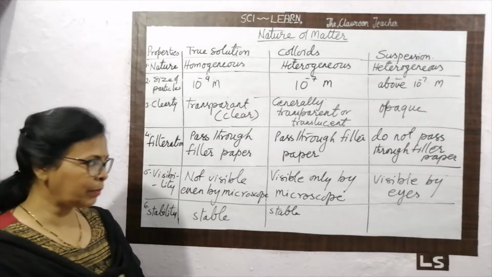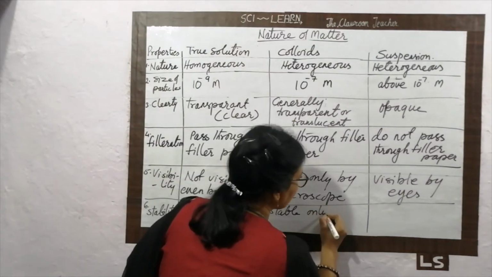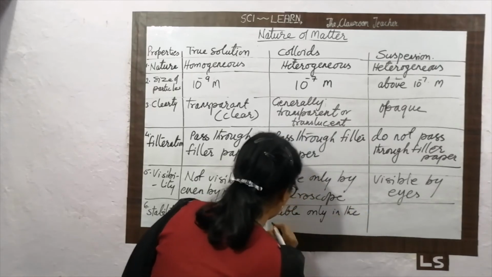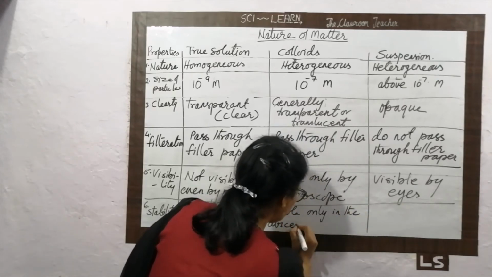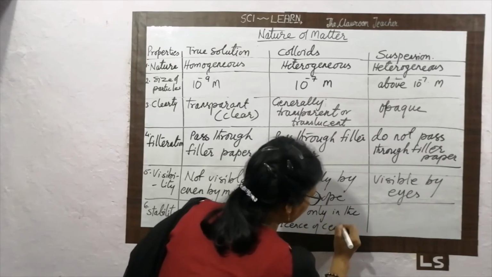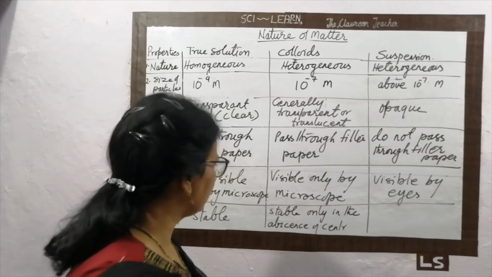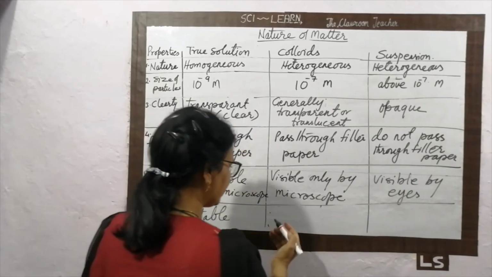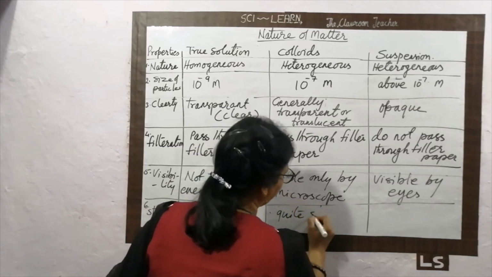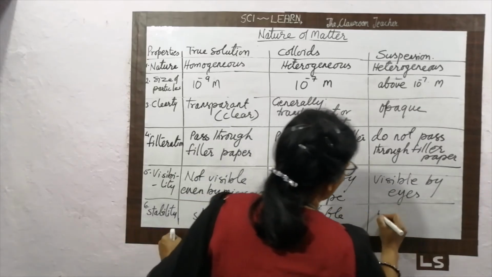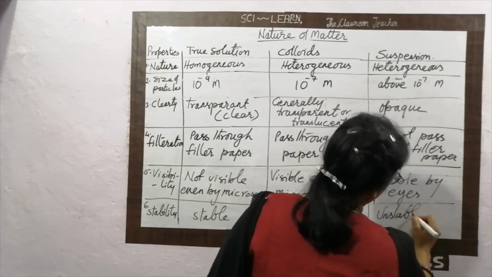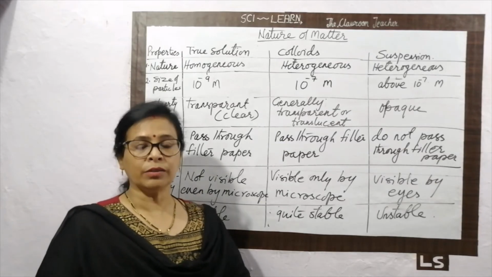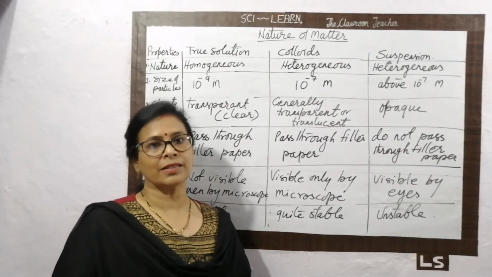So it is stable only in the absence of centrifugation. There is no need to write this much, simply write that it is quite stable. But what about the suspension? It is unstable. So this is the comparative study of the true solution, colloidal solution and suspension.